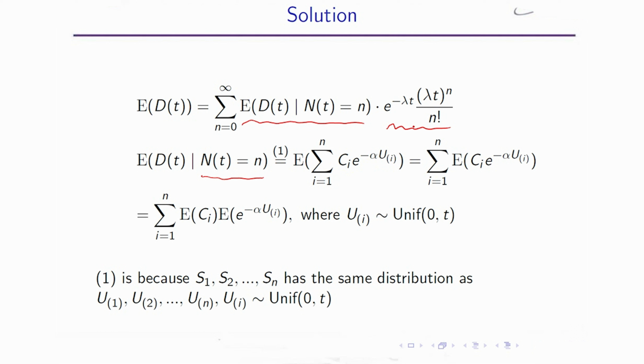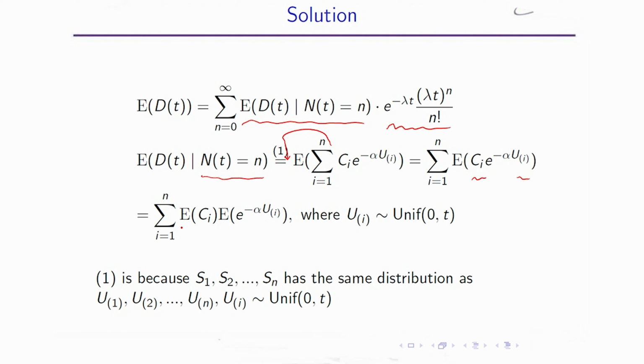So I can bring the summation outside the expectation: the summation of the expectation of Ci times e to the minus alpha U(i). Because Ci and U(i) are independent random variables, the expectation can be separated.